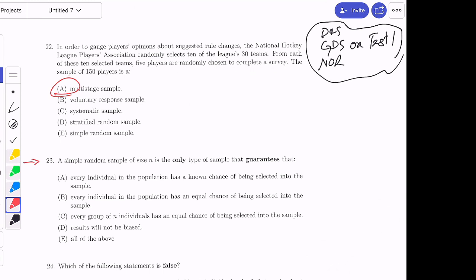In fact, the answer is C. Every group of n individuals has an equal chance of being selected into the sample. So it's really about the samples. From all possible samples of size n, each possible sample has equal chance of being selected. So you guys got to read that carefully. It's in the unit DNS.